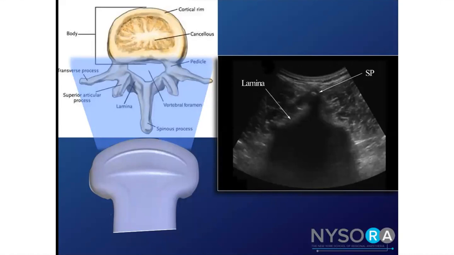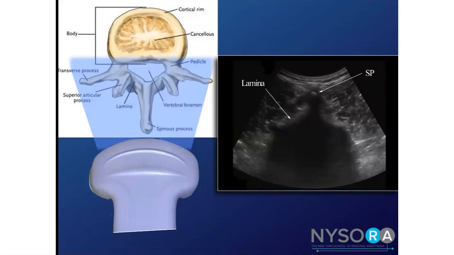Initially, one puts this directly perpendicular to the skin and over what one thinks is the spinous process. What you will achieve is this image, which more superficially is the spinous process, and then more anteriorly and angled is a lamina. Then you see that there's quite a deep shadow beyond which you can't see much else.